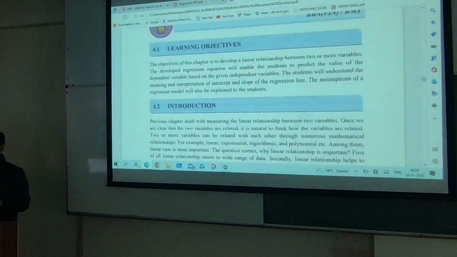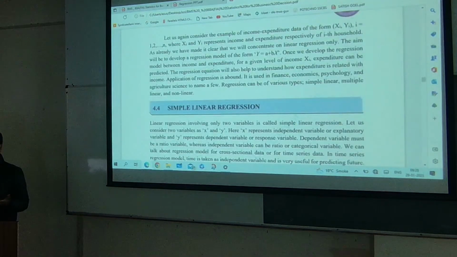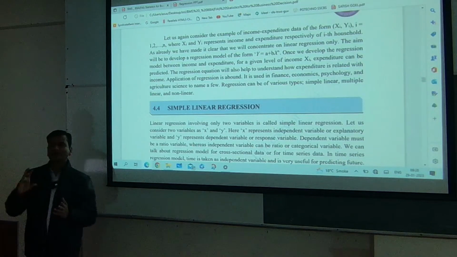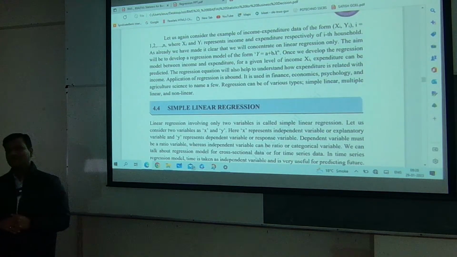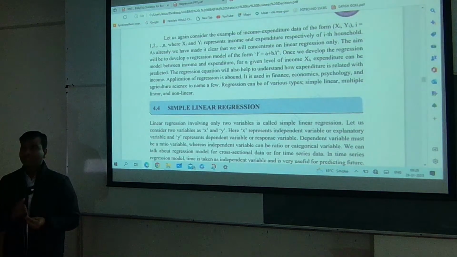So first of all, what is the meaning of regression? As I already told you, regression means you have to predict some variable if the other variable's value is given to you. Further, regression can be of many types. It can be linear, it can be non-linear, it can be multi-regression.